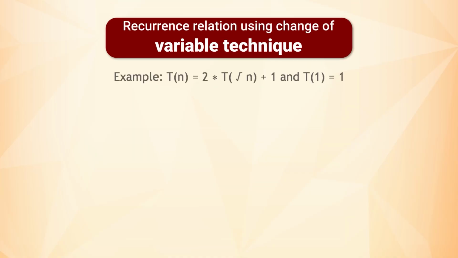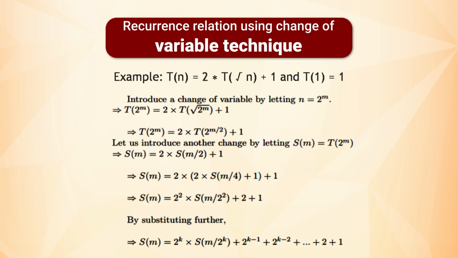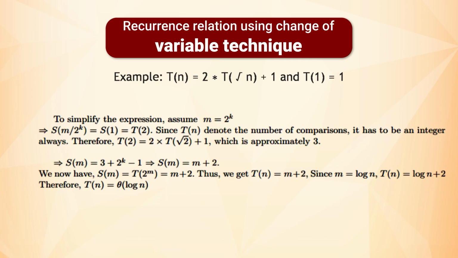Now the recurrence relation using the change of variable technique, because in the substitution method one important thing is this: T(n) = 2T(root n) + 1 and T(2) = 1. First, moving ahead, we have to use some substitution technique so that this equation will come in a certain form.